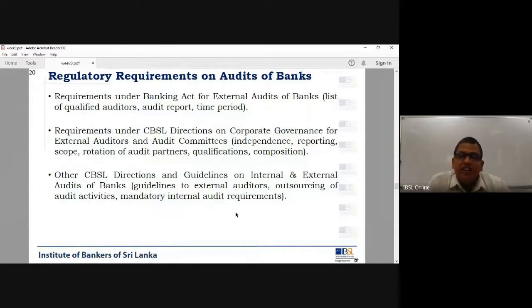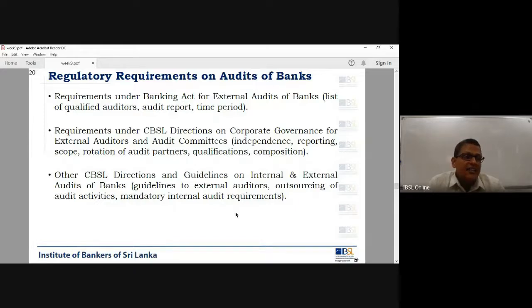The other one is regulatory recommended audits of banks. The requirement under the Banking Act for external auditors of banks. The Central Bank of Sri Lanka, as the regulator, issues directions on the audit requirements of banks. Based on that, from time to time the central bank publishes the qualified auditors who can audit bank accounts.